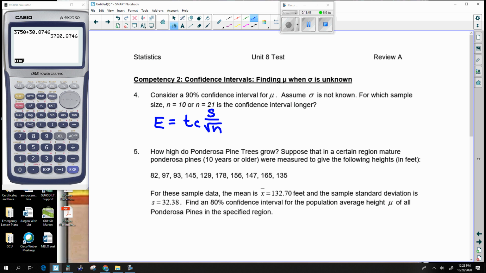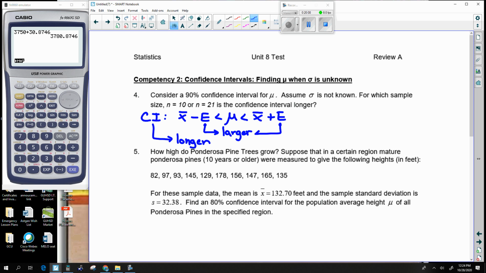Oops, excuse me, I don't want to start there. I want to start with a longer confidence interval. My bad. So if I want this to be longer, in essence, what I need is for E to be larger. So E is equal to TC S divided by the root of n.